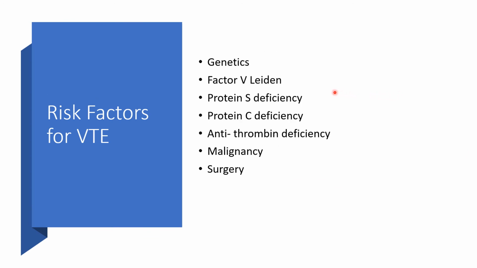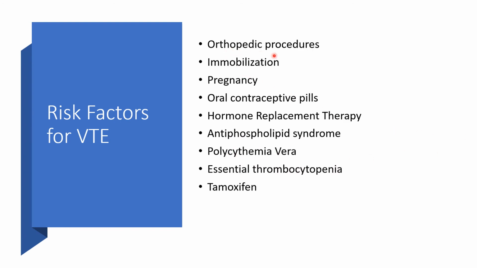Other risk factors for venous thromboembolism will include genetics, that is, familial or hereditary, factor V Leiden, protein S deficiency, protein C deficiency, antithrombin deficiency, malignancy, surgery. Others include orthopedic procedures, immobilization, pregnancy, oral contraceptive pills, hormonal replacement therapy, antiphospholipid syndrome, polycythemia vera, essential thrombocythemia, and tamoxifen.